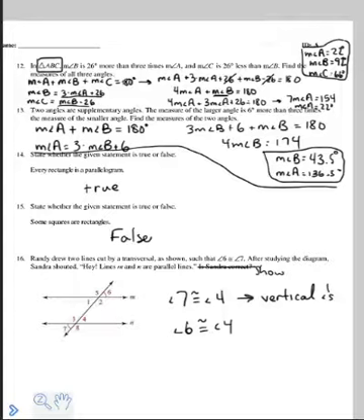Because if A is equal to B and B is equal to C, then A is equal to C. Now, if angle 6 is congruent to angle 4, that means lines L and M are parallel, so M is parallel to N because angle 6 is congruent to angle 4 and angle 6 and 4 are corresponding angles.